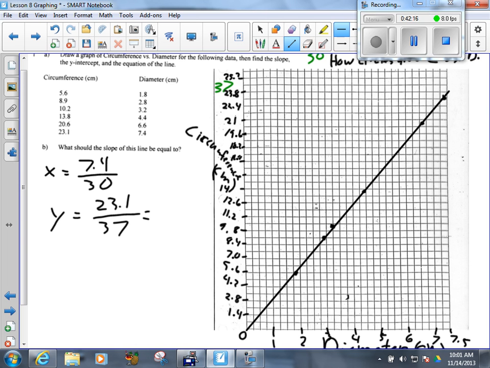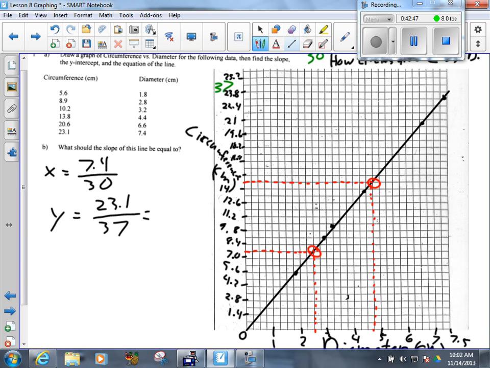All right. So we need to find two grid intersections with which to calculate our slope. That looks like a pretty good one right there, and that looks like a pretty good one right there. I'm going to use those 2 points. You can find points on your graph that work for you. I'm just going to go across and get my y2 value, my x2 value, my y1 value, and my x1.